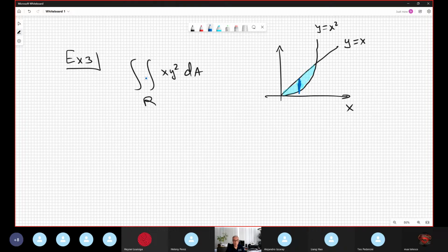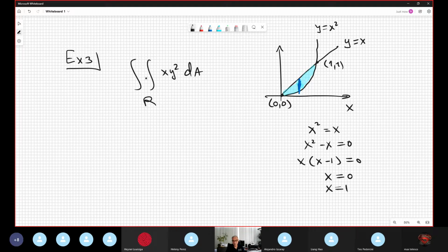It's obvious, right? This point is 0, 0, and this point is 1, 1. But how do you know that? You put the equations together: x squared equals x, a quadratic equation. Solve this by factorization. It's obvious that x is 0 and x is 1. If x is 1 and x is 0, then the points are 0, 0 and 1, 1.